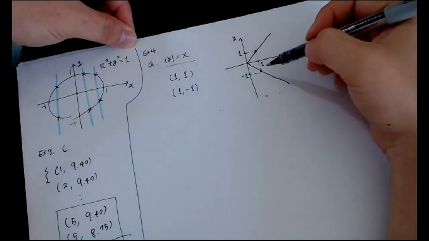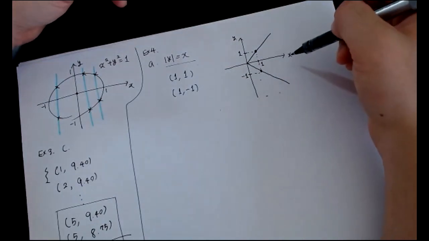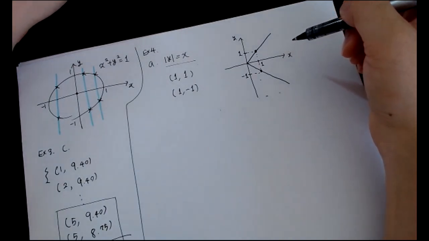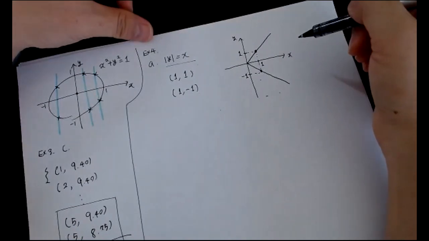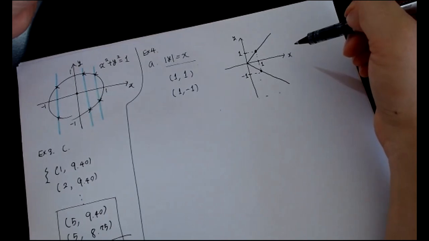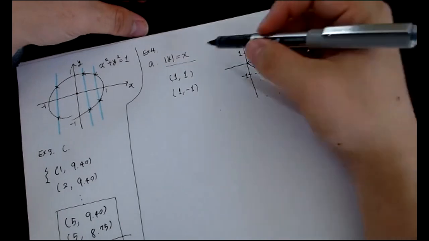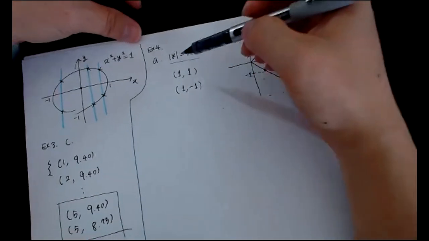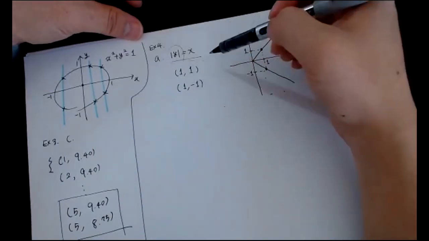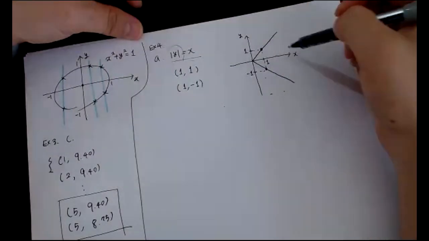Not only 1, but every single x value has 2 distinct y values corresponding, okay? But here's a question: what about x? Can x be a negative number? No, because absolute value of y equals x. Absolute value always returns a positive number, right? So x must be a positive number. That's why the graph looks like this.